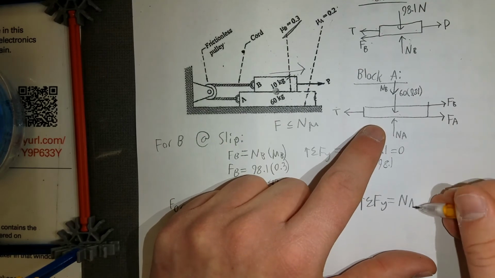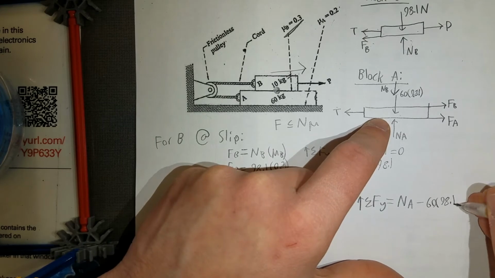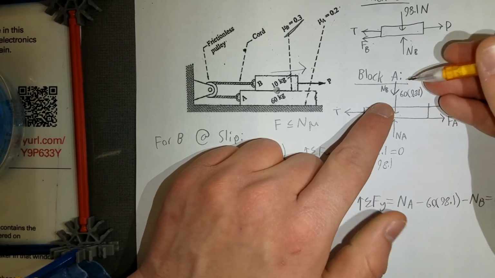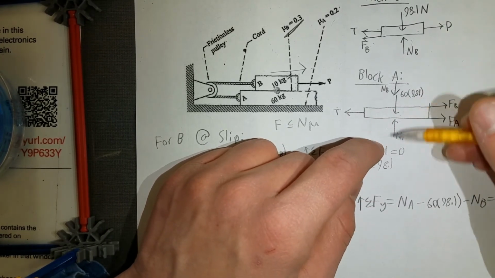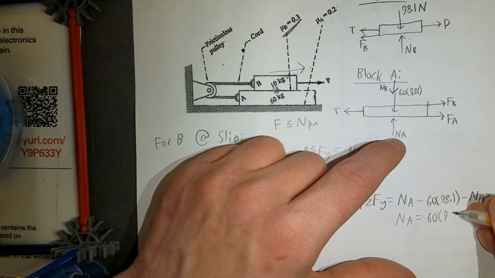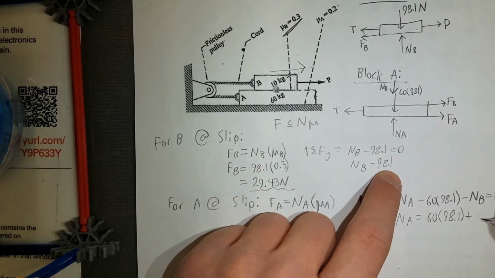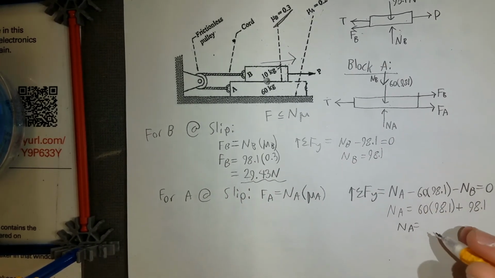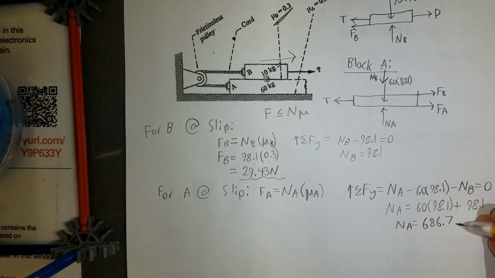We'd have NA acting upward minus 60 times 98.1 minus NB equal to 0, because the normal force of B is now playing a role in our sum of forces. And so NA is going to be equal to 60 times 98.1 plus NB, which we found to be 98.1. So NA is going to be equal to 686.7 newtons.